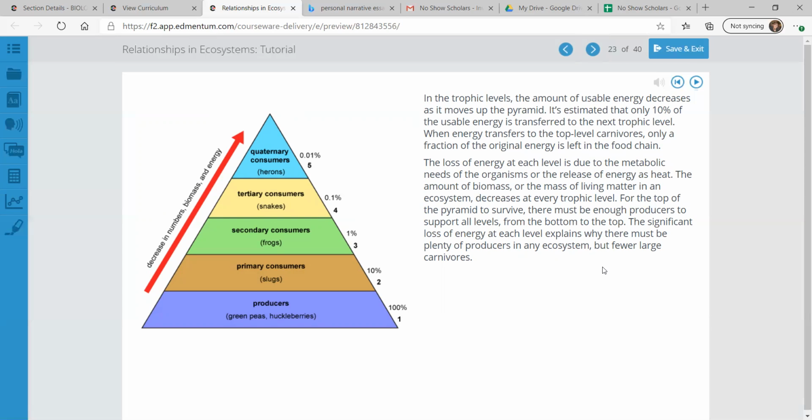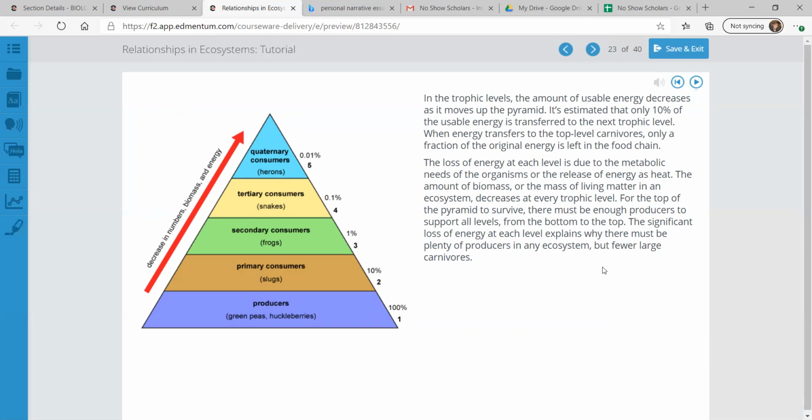And this loss of energy at each level is due to the metabolic needs of the organisms or the release of heat. The amount of biomass or the mass of living matter in an ecosystem decreases at every trophic level.